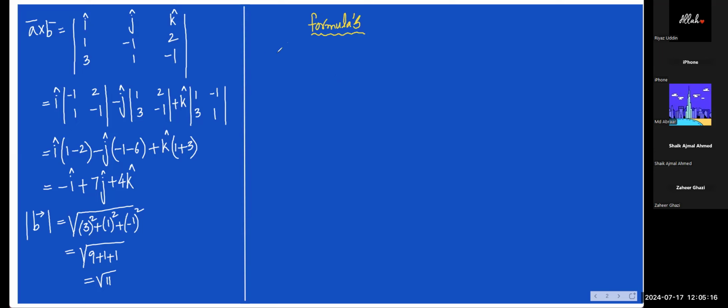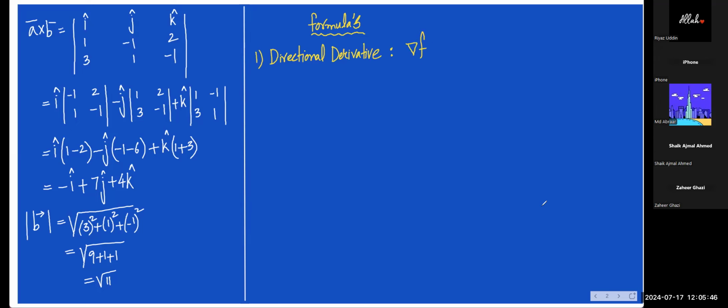The important thing in the formulas, the first important one, is the directional derivative. Nobody will ask the definition of directional derivative in the exam, so we should write the formula and finish it. Directional derivative is del f dot vector a by magnitude of vector a.